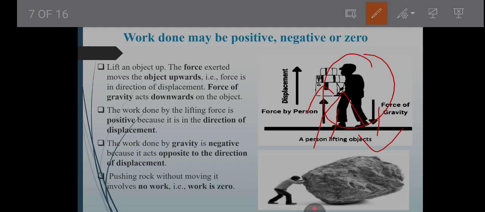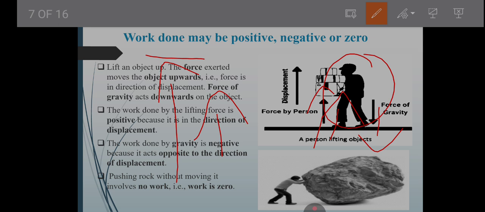See here, if the applied force is in this direction and the object is displaced also in the same direction, the applied force and object displacement are both in the same direction, at that time we take the work done as positive. Then how is work negative here?